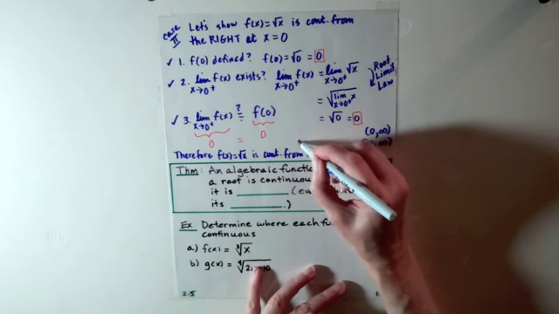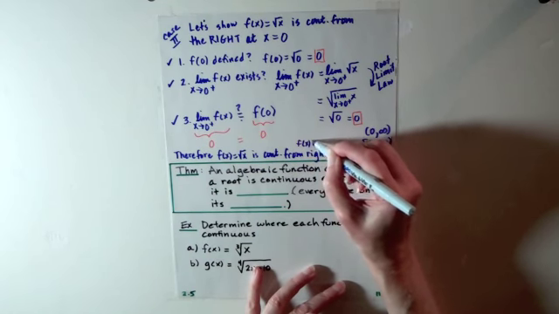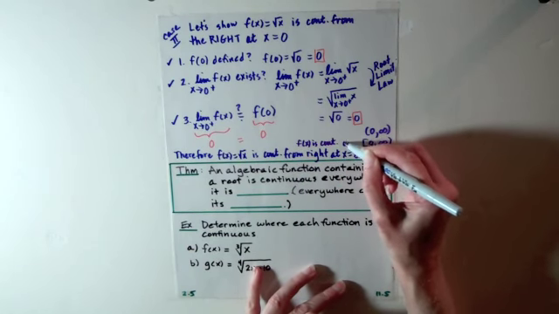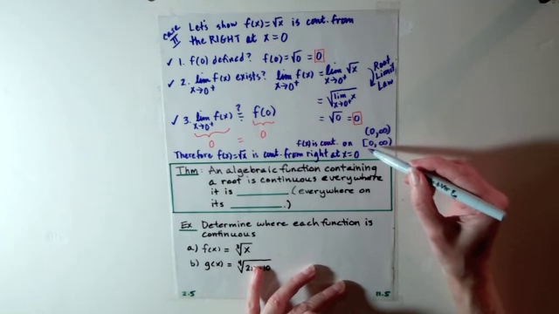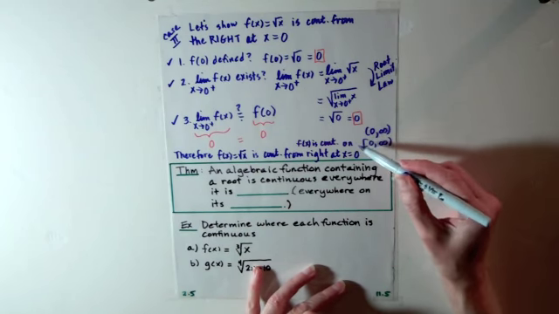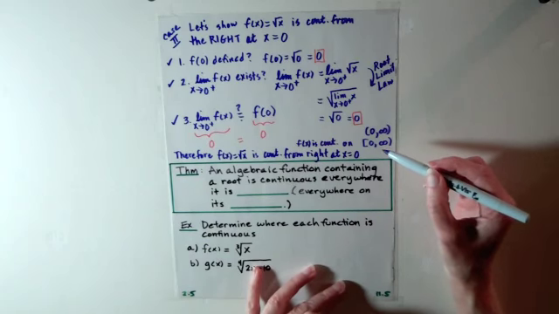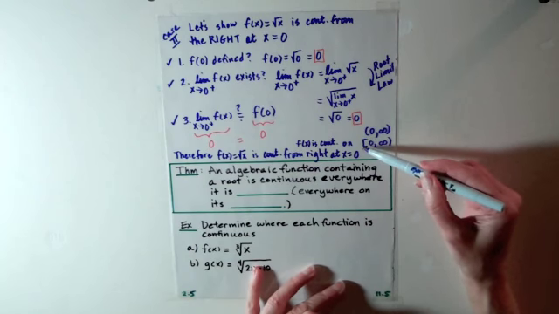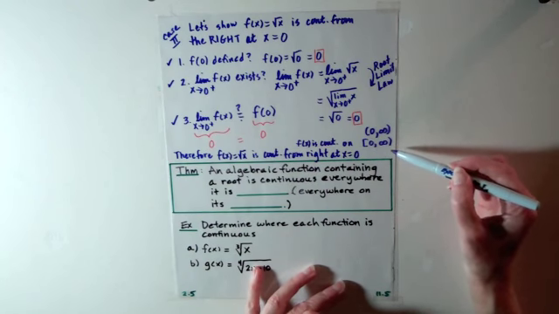So we can say f of x is continuous on this interval from 0 to infinity, and that's exactly the domain of f of x. The domain of the square root of x is the interval with a square bracket 0 to infinity.